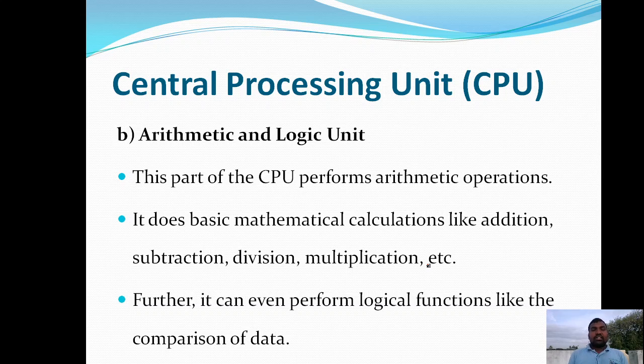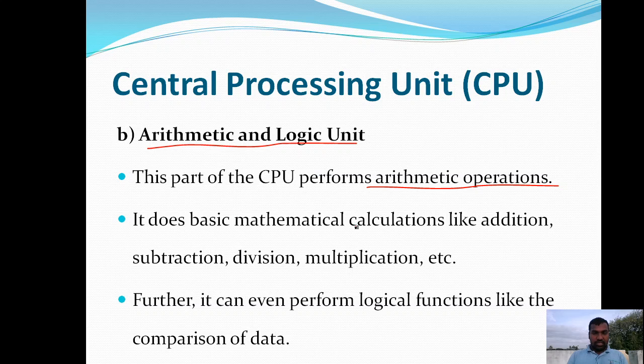Now we are going to discuss the second component or unit that is available in the central processing unit. This part of the CPU performs all the arithmetic operations, in the sense of addition, subtraction, multiplication, division operations. All the arithmetic operations are performed here.